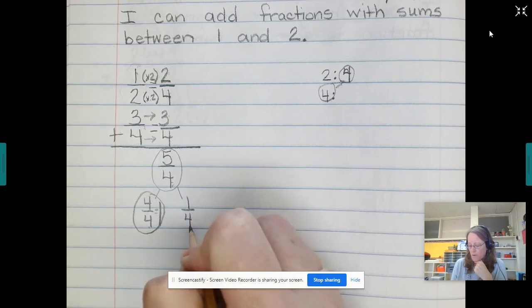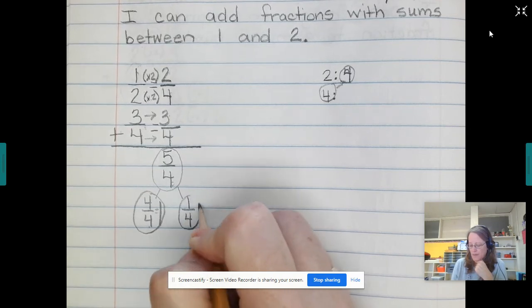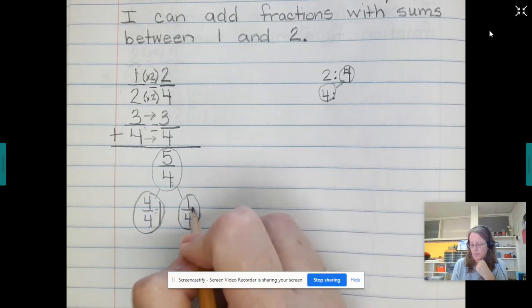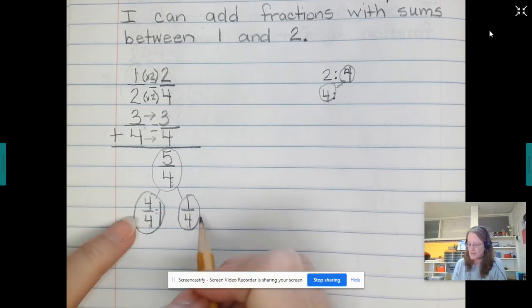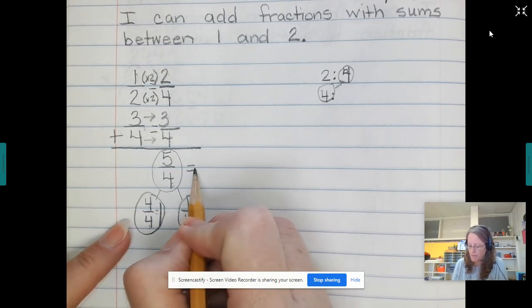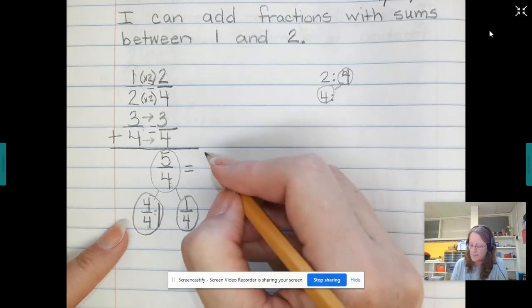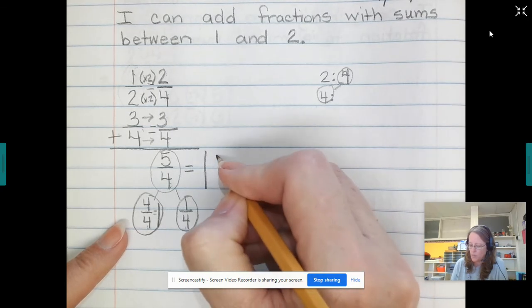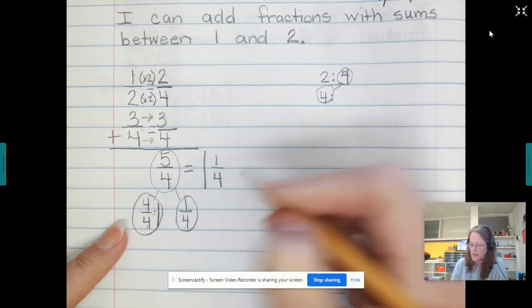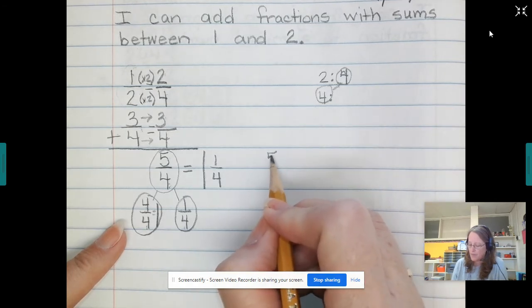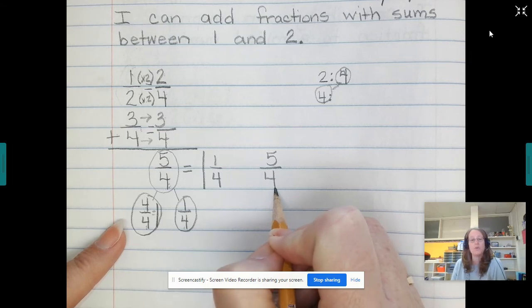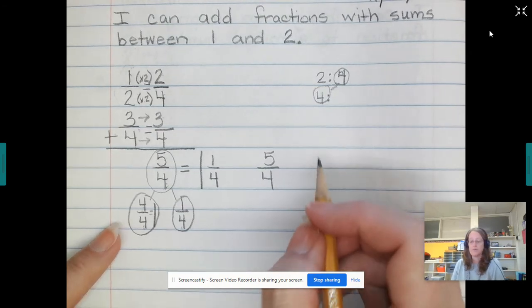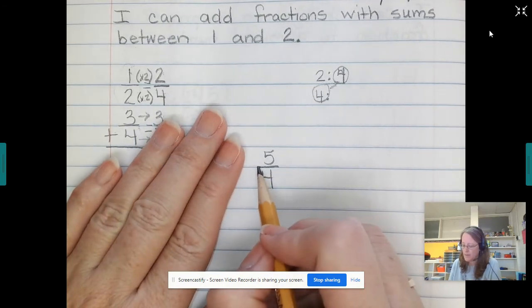So my mixed number, put your equal sign, 1 and 1/4.